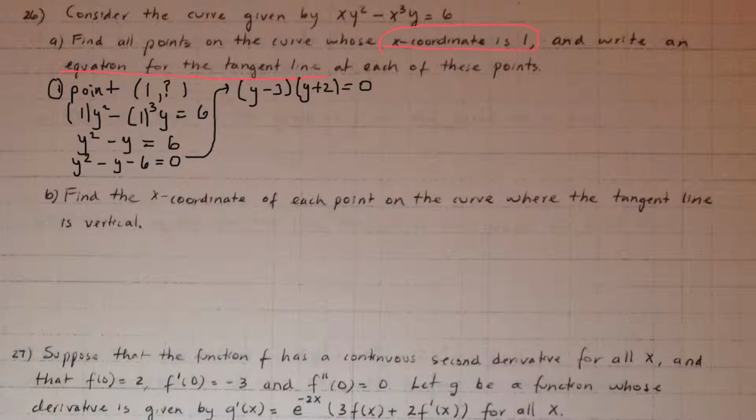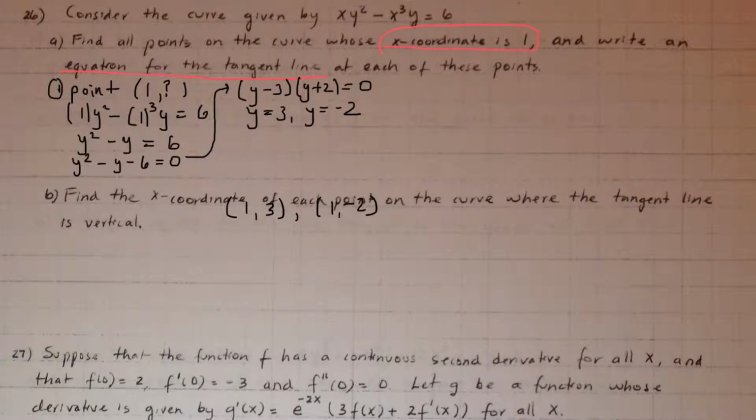And then that would be y equal to 3 and y equal to negative 2. Now, it says find all the points where the x coordinate is 1. So we plugged in a 1 and we got these two y's. That means we have 2 points. We have the point 1, 3, because x was 1. And then we also have the point 1, negative 2.